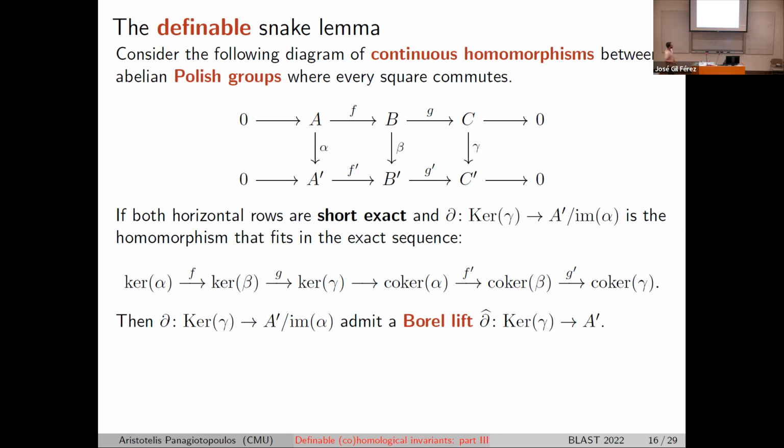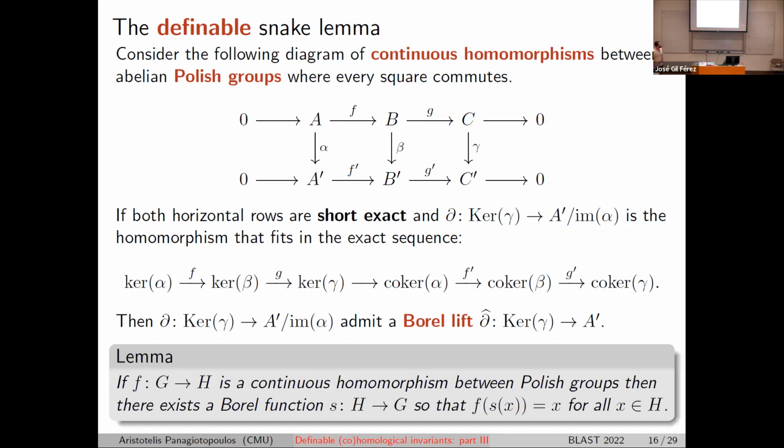Thanks. And this relies on this lemma, which is a classical lemma. It tells you that here it's not a group with a Polish cover, it's a Polish group. It tells you that whenever you have a continuous homomorphism between Polish groups, then you can find a definable section, a Borel section going the other way around.